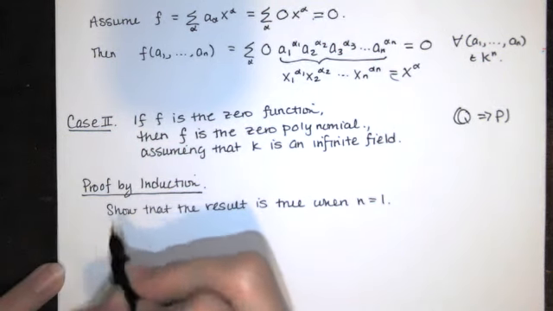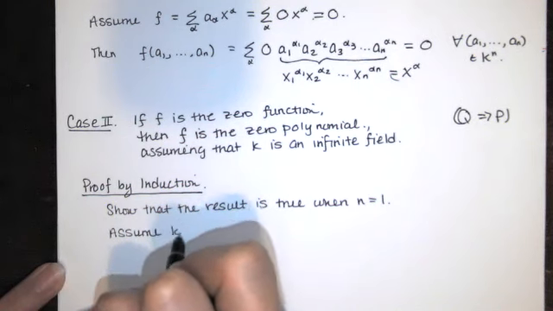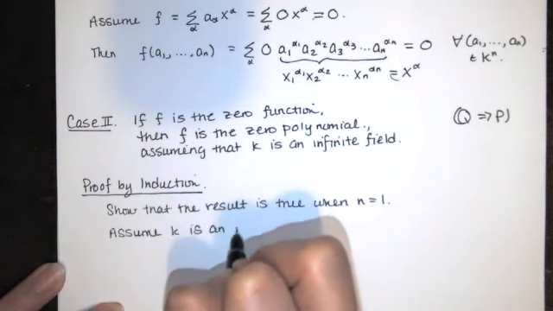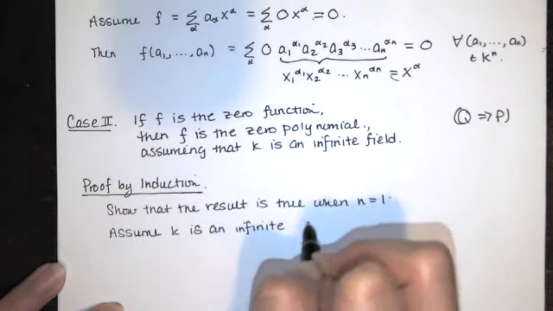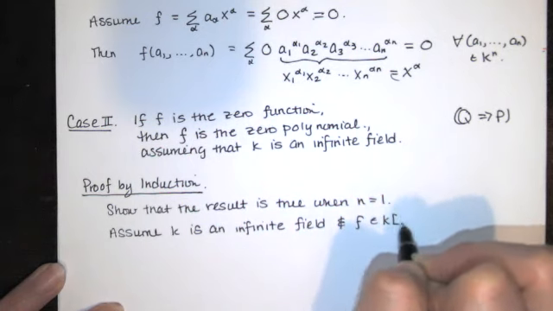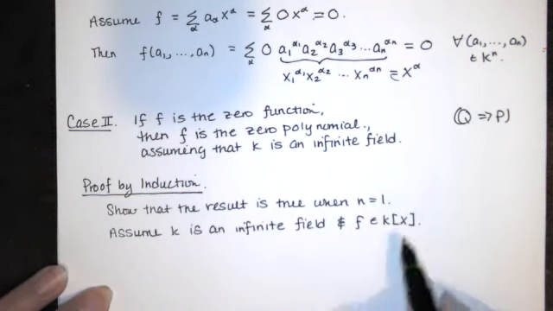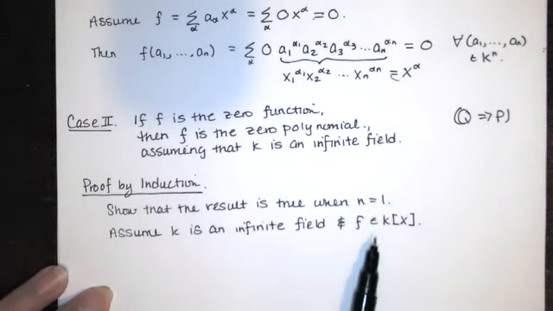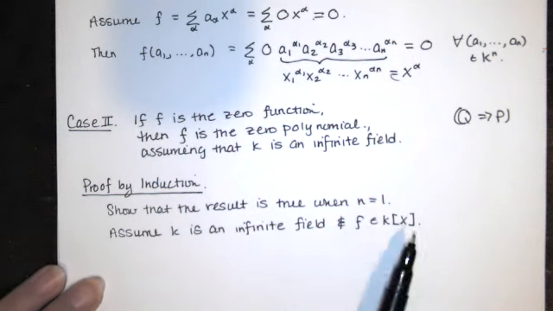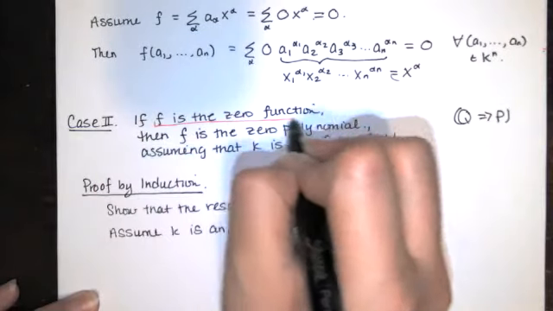So let's say we're going to assume that K is infinite. It's an infinite field. And F is a polynomial with coefficients in K, and it's a polynomial of a single variable.